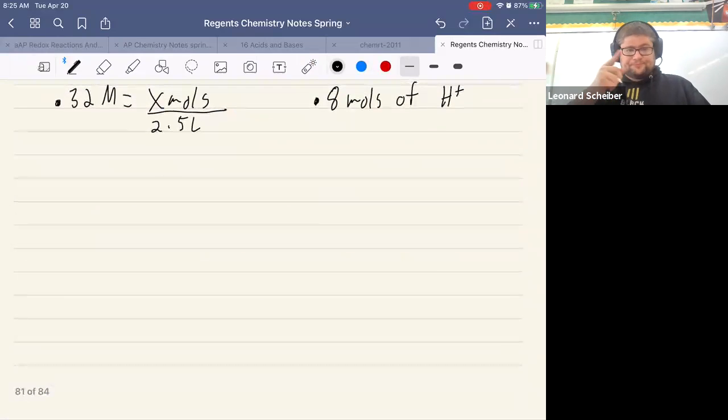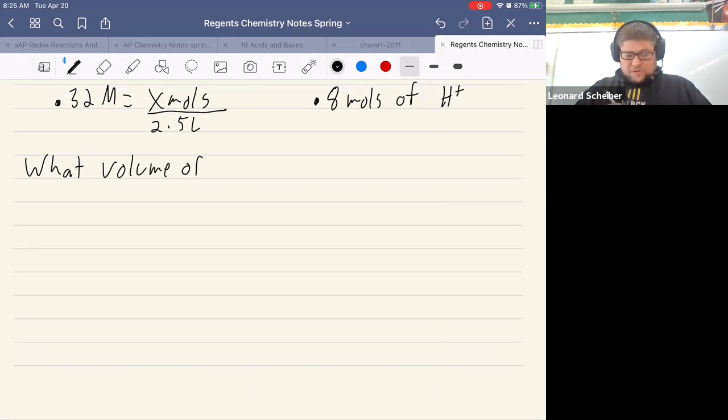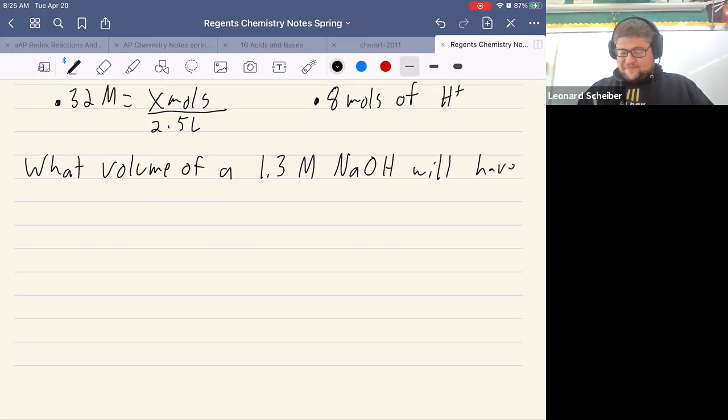Let's try another problem. What volume of a 1.3 molar NaOH will have exactly 0.73 moles of base, OH minus?